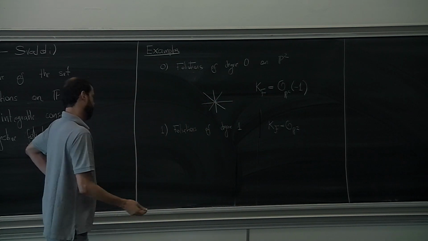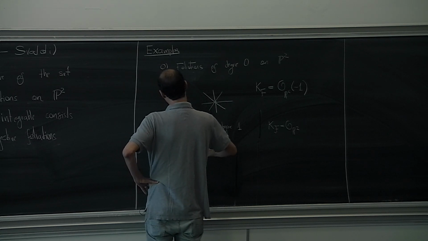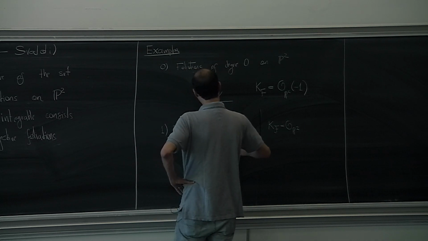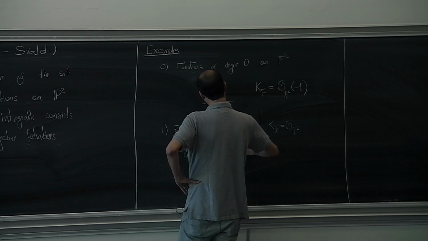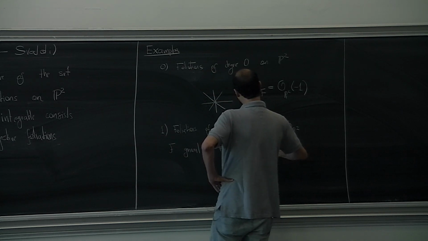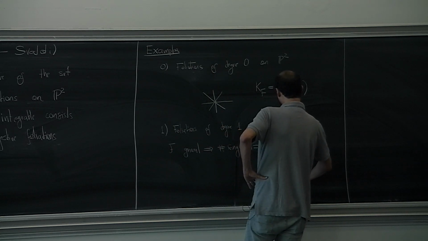And if F is general, then the number of singularities is 3, and they are in general position, so you have 3 points on P2.